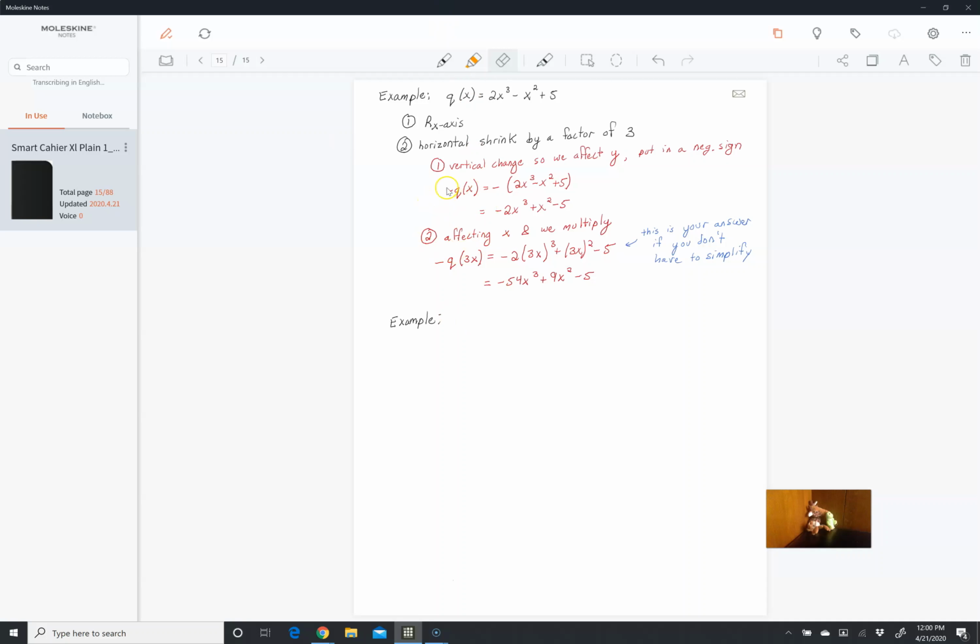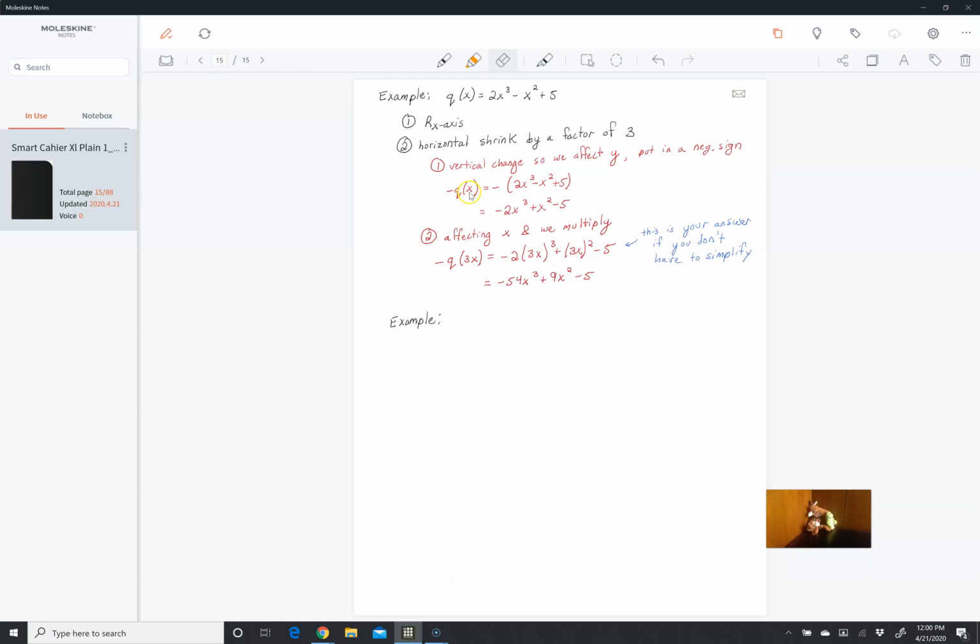Where is the negative coming from? The negative was already there. Okay. You're just keeping it there. That's all. So you're taking this and you're saying, the first one I'm not worried about. It's the second one, okay? So in the second one, you're saying, okay, well, this is my new function. What do I need to do with the new function? I need to replace x with 3x.